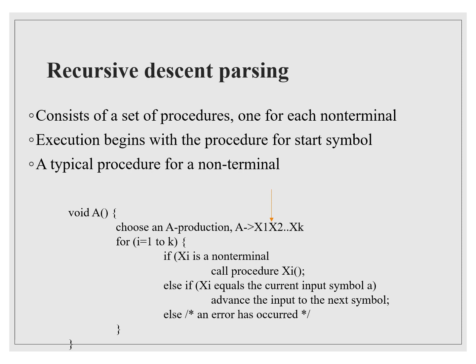Suppose you find a non-terminal, then what do we have to do? We have to write a procedure for that particular non-terminal. If xi is not a non-terminal, meaning it is a terminal, and xi is equal to the current input symbol a, then matching occurs and you advance the pointer to the next symbol of the input string.